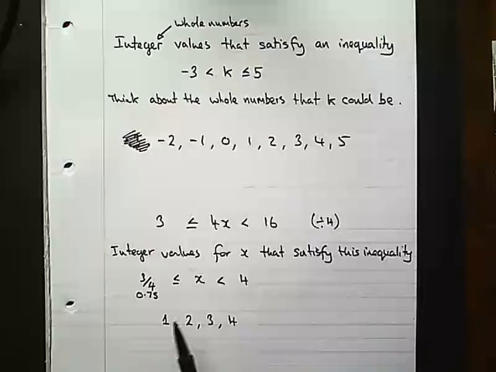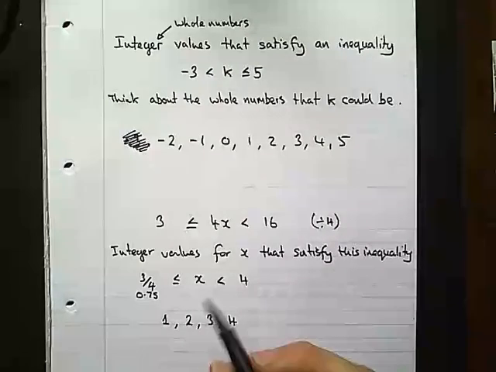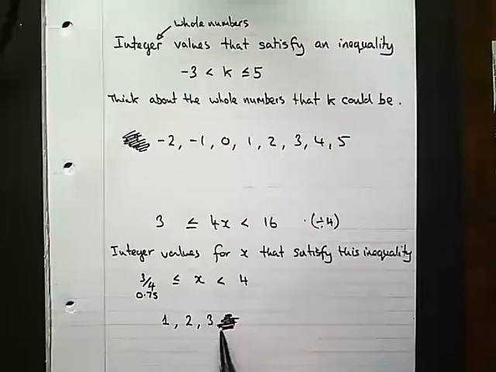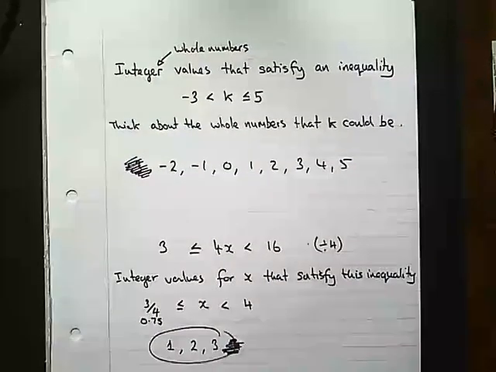Well, 1 is definitely greater than 0.75, so yes, it's in. But x needs to be less than 4, so we can't include 4, so we cross that out. This is my answer: 1, 2, and 3. So that's integer values that satisfy an inequality.